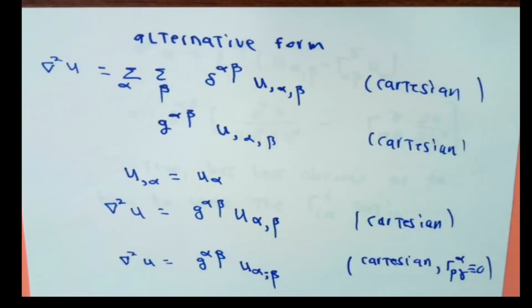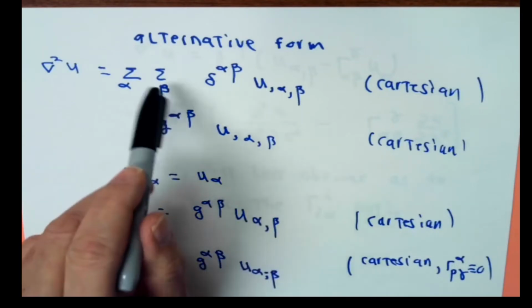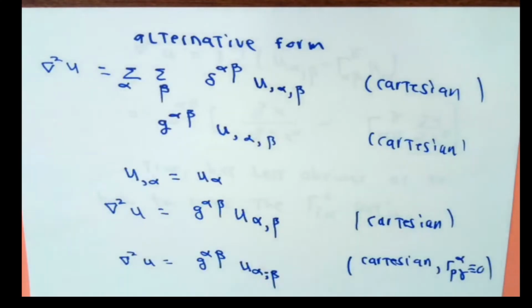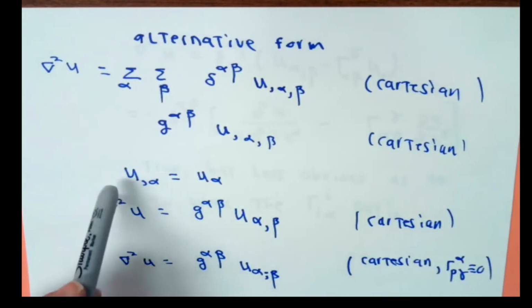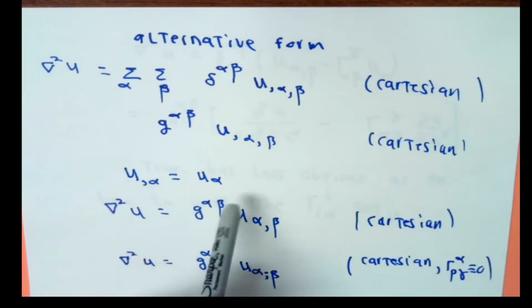You could also write this in a different form. You could think, well, the partial derivatives correspond to downstairs indexes. So instead of writing it the way we did before, I'll go on and build in something that I could go on and use the Einstein summation convention on. U comma alpha is the alpha component of the one form d tilde u.